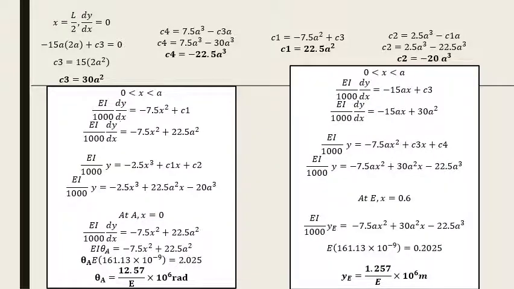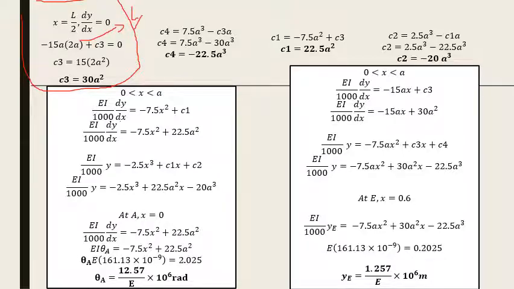Now I start working on the last boundary condition: when x equal to L over 2, dy/dx is equal to 0. So we use this boundary condition in the first integration of the second part, and we get minus 15a times 2a plus C3 equal to 0. Why 2a?